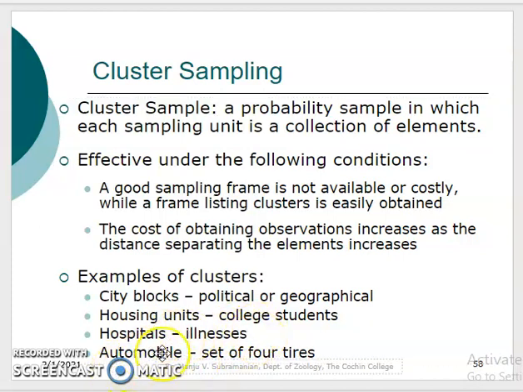And there is the automobile, that is a cluster, and there are a set of 4 tires. Of the types of automobiles, you are just taking only the 4-tire automobiles. So these are the examples for the cluster. Once again, a cluster is some recognizable subunits of a main population.